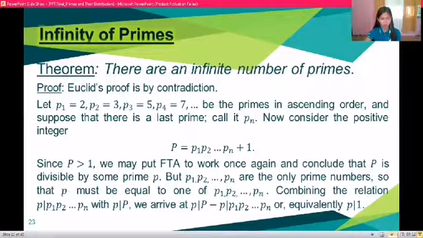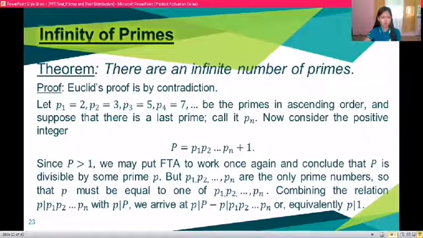Since P is greater than 1, we put the fundamental theorem of arithmetic to work once again and conclude that P is divisible by some prime p, but p sub 1, p sub 2 to p sub n are the only prime numbers, so that p must be equal to one of p sub 1, p sub 2 to p sub n.